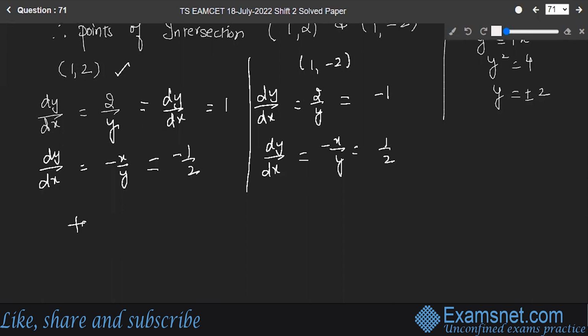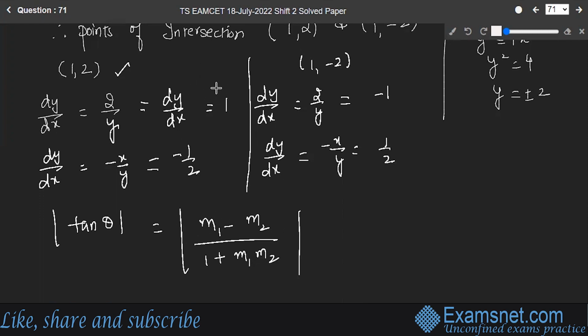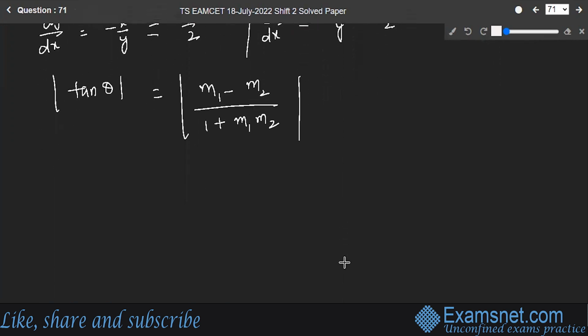Now, mod of tangent of theta is equal to mod of m1 minus m2 upon 1 plus m1 into m2. Let's pick up any pair. That's not a problem. You can pick up this pair or this pair. That's perfectly going to give you the same answer. Okay.